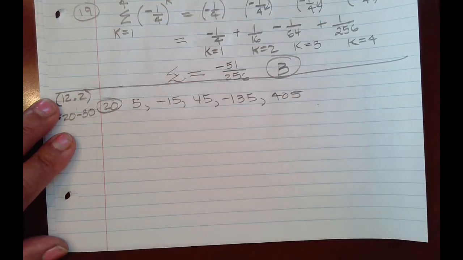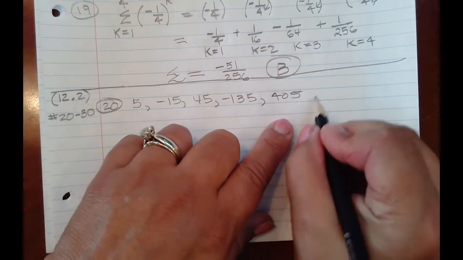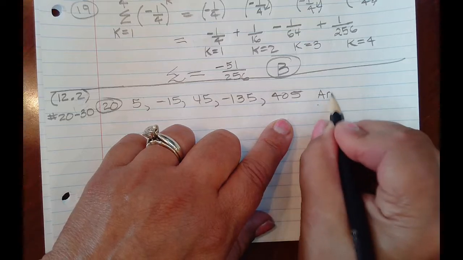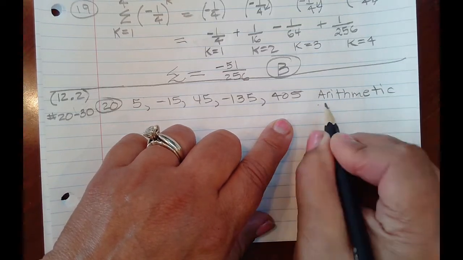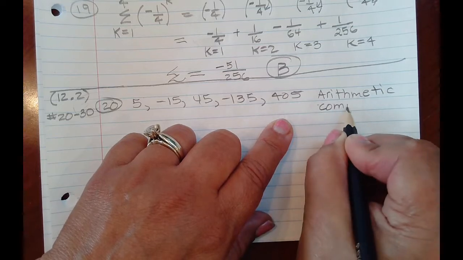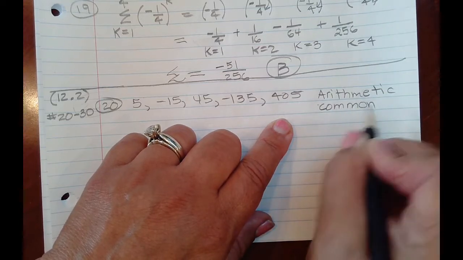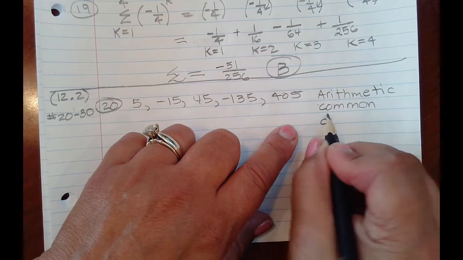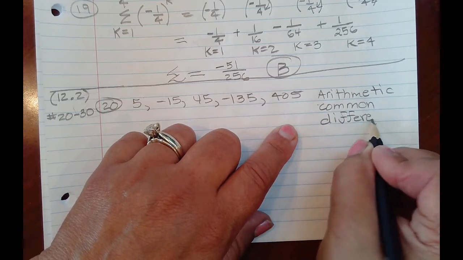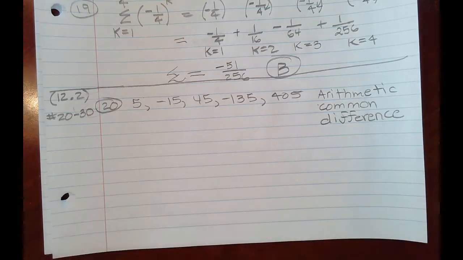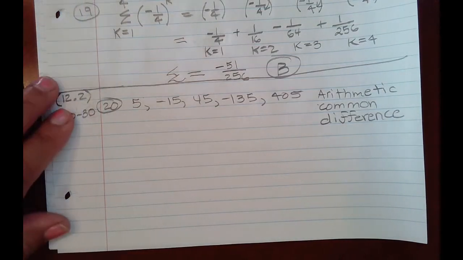So remember, if it is arithmetic, you should have a common difference. A common difference meaning you're either adding the same value or subtracting the same value, because subtraction can be thought of as adding a negative. So we call this the common difference.